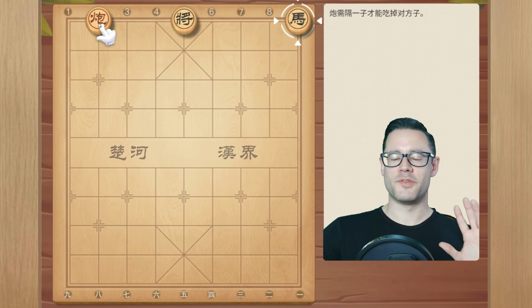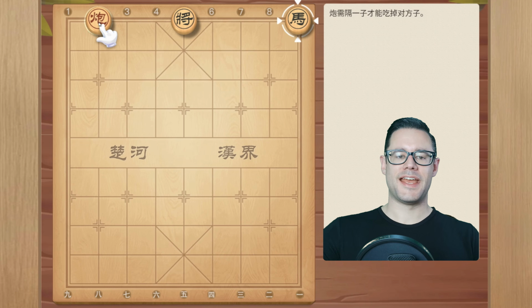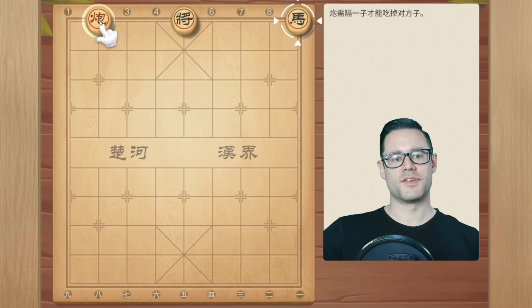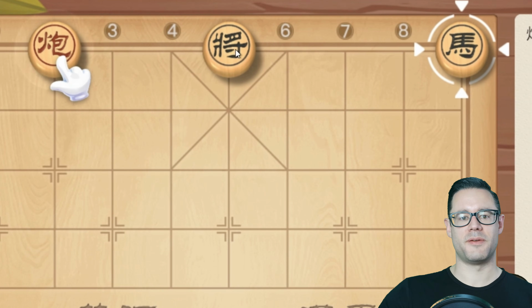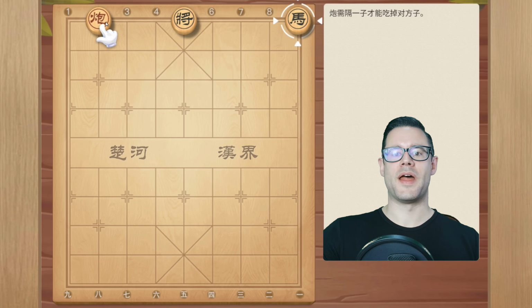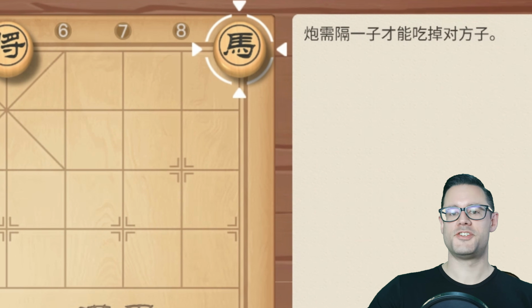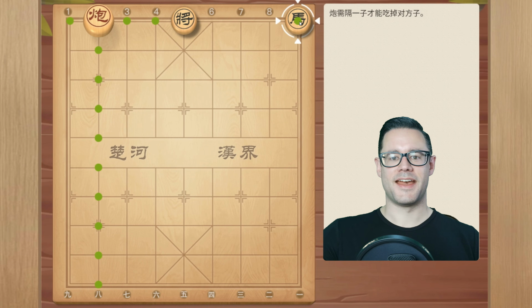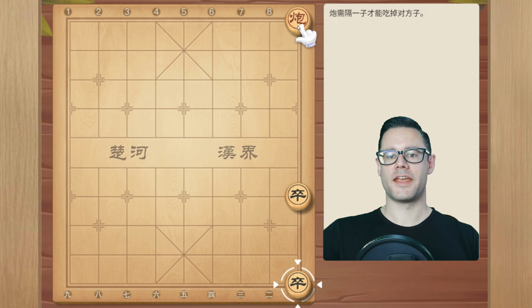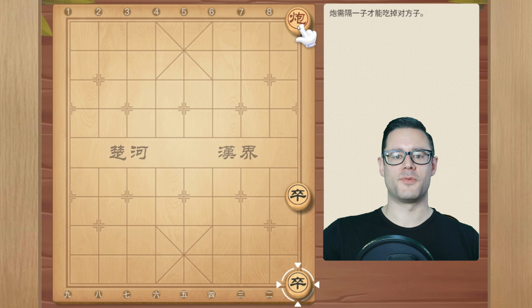So in this case, even though the cannon moves like a rook, it cannot capture like a rook. So the cannon here is not providing any direct threat to the opponent's general. It's only threatening the horse on the other side of the general. So the cannon can shoot all the way across the general and take out that horse. Cannon's going to shoot both forwards and backwards across the board.